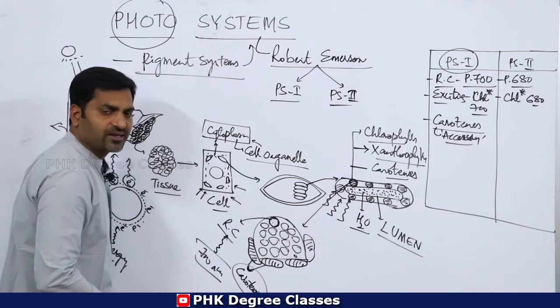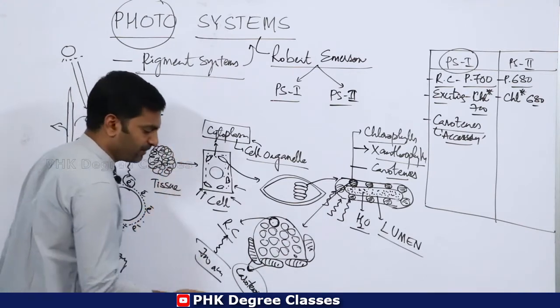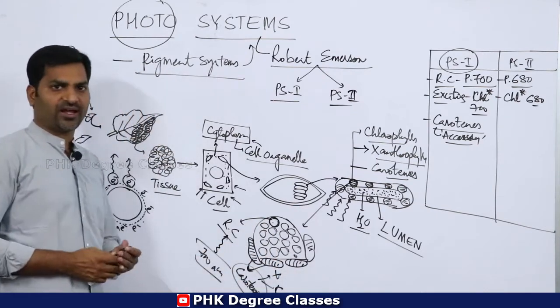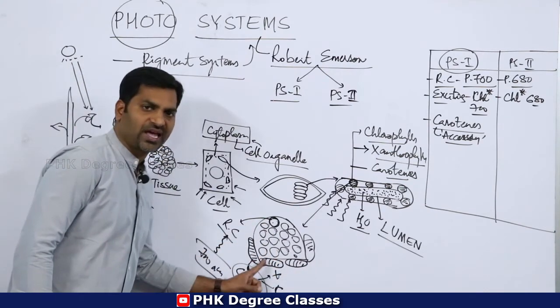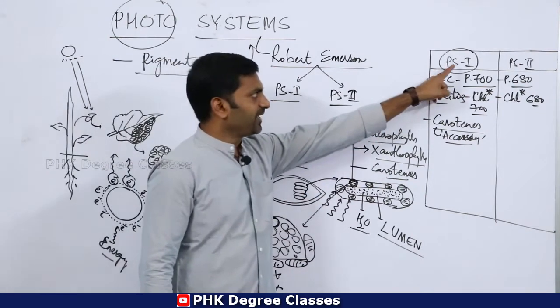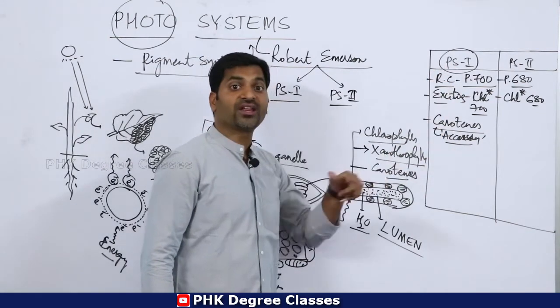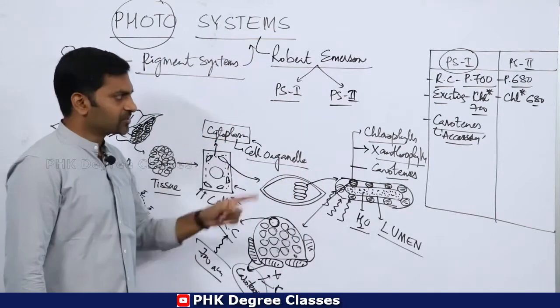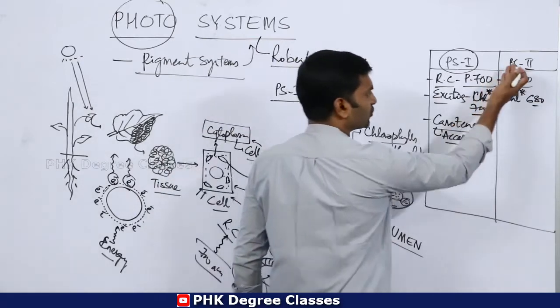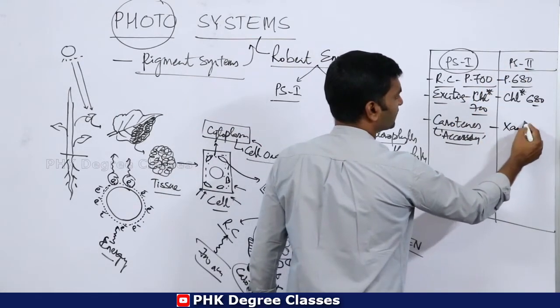Carotenoids are categorized into two basic pigments. One is xanthophylls and the second one is carotenes. So carotenoids include xanthophylls and carotenes. Clear? But in PS1 only carotenes are present. Then come to PS2, xanthophylls are present.